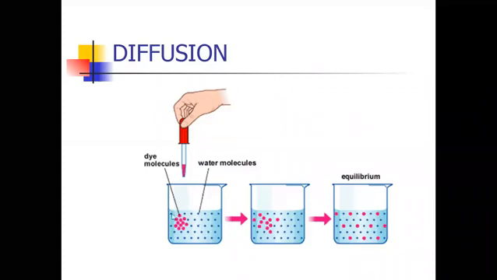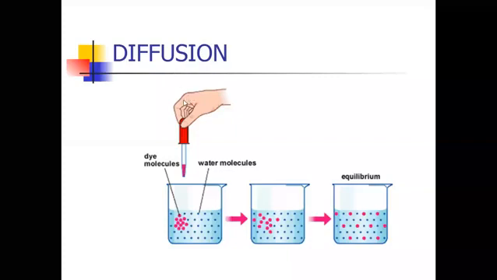When we add the dye molecules to the water, the dye molecules are in high concentration. They easily spread to the low concentration. After some time, the two molecules are in equilibrium. So this experiment explained diffusion.